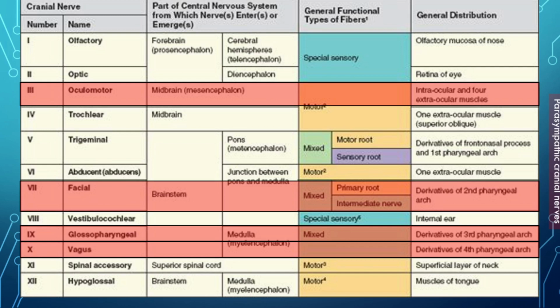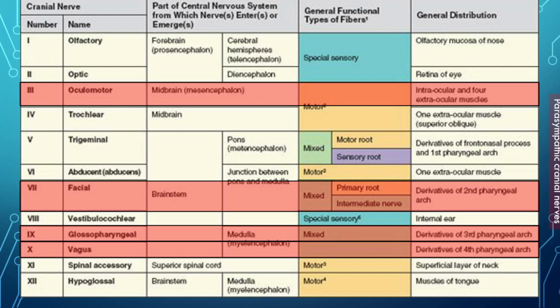So I mentioned the cranial nerves tend to function within the head and neck. Well, the vagus nerve would be the exception to this rule, and it's only the parasympathetic portion that actually leaves the head and neck and travels down through the thorax, controlling heart and lungs, and into your abdomen, controlling your gut.